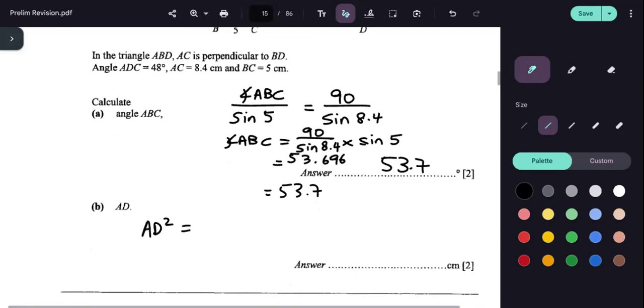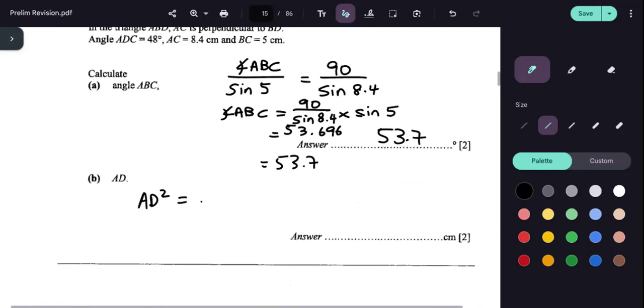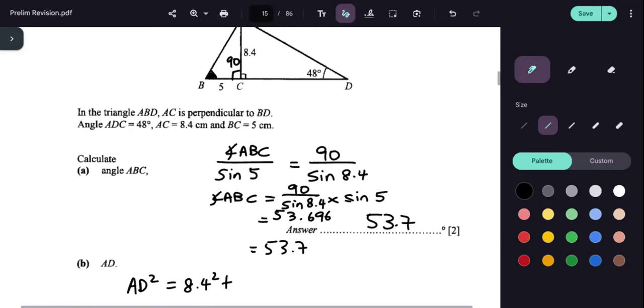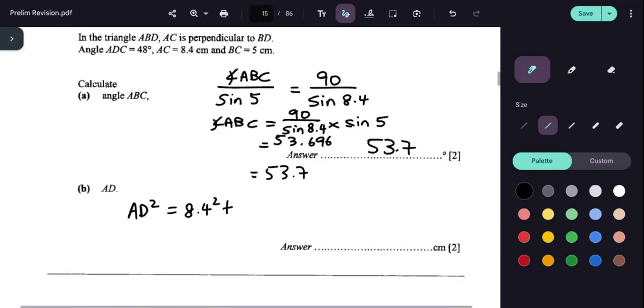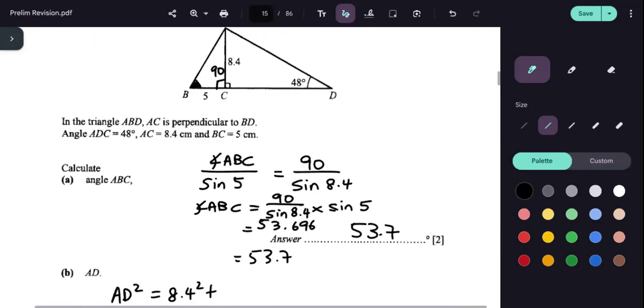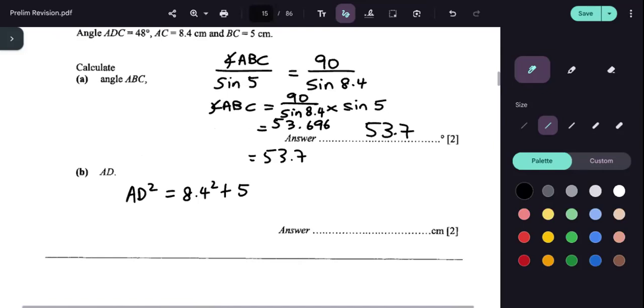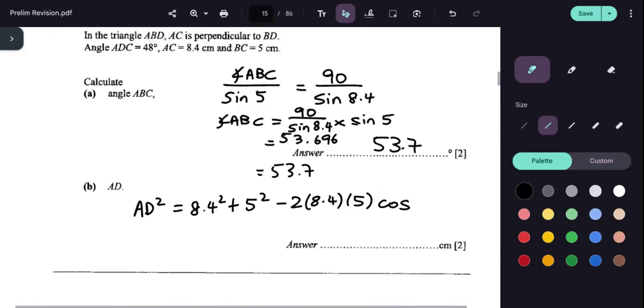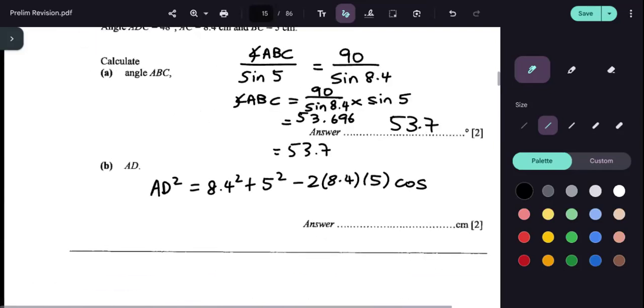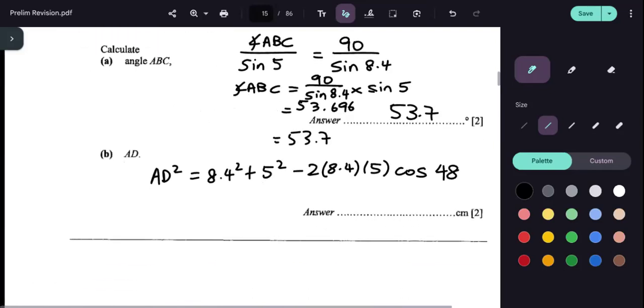AD square is 5 square minus 2 times 8.4 times 5 cosine 48. Yeah, because you have one that you haven't used, right?